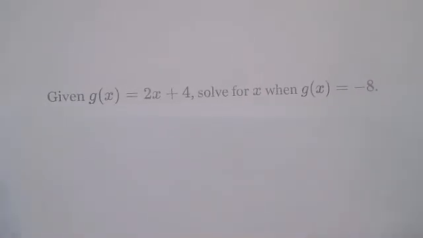Number 2. Here it is. Given, go ahead and copy that. Given that g of x is equal to 2x plus 4, what is going on?